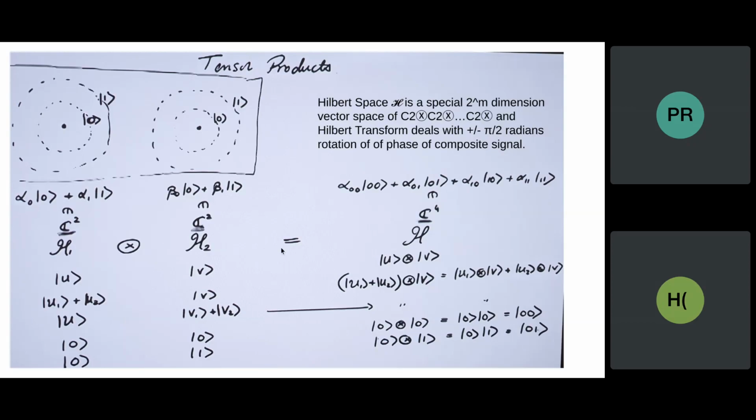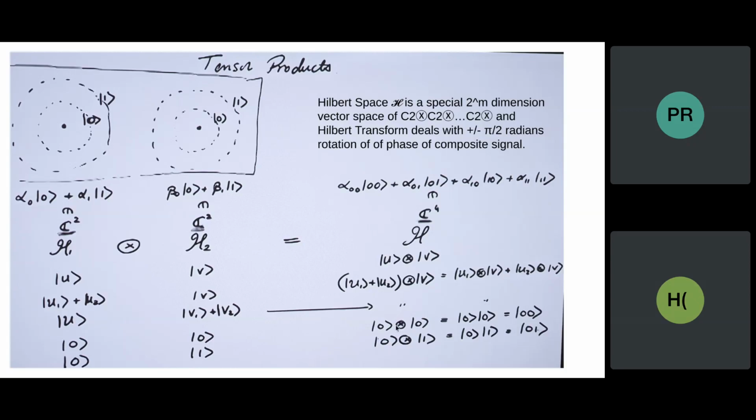arriving at the study of composite systems. For example, you remember here ket 0 and ket 0 of system A and system B can be looked at as either ket 0 tensor ket 0, or can be written as ket 00. So basically we try not to write the tensor symbol all the time, to simplify our notation.